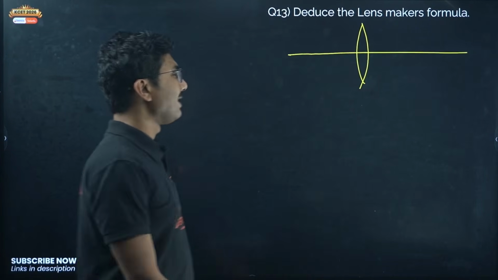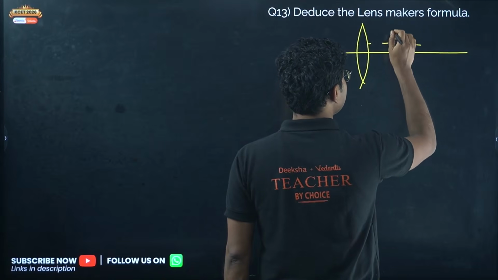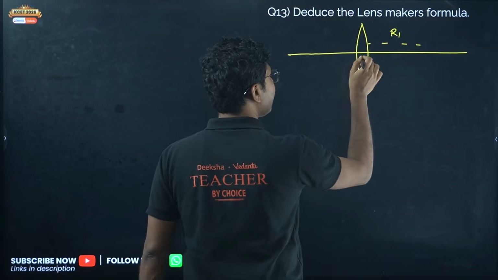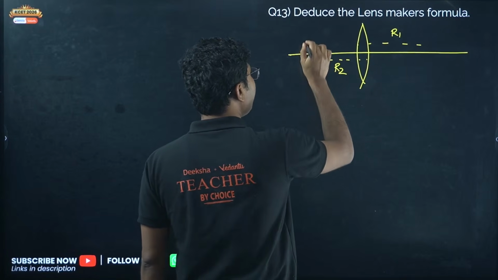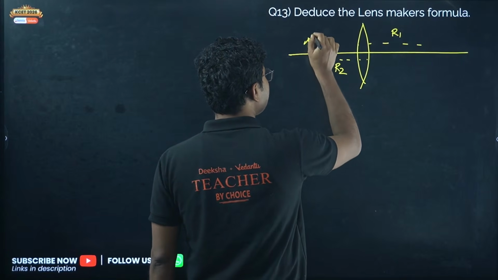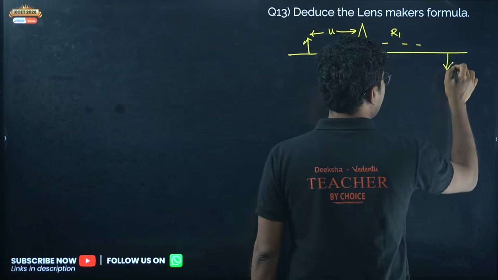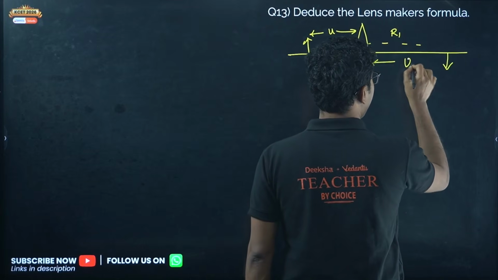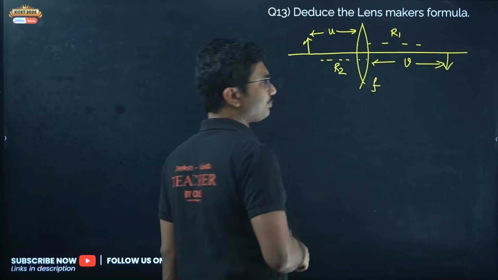Suppose this is a lens, and the radius of curvature of this first surface is r1, radius of curvature of the second surface is r2. We have an object kept at a distance u, and we are getting some image at a distance v. Focal length of this lens is, say, f.